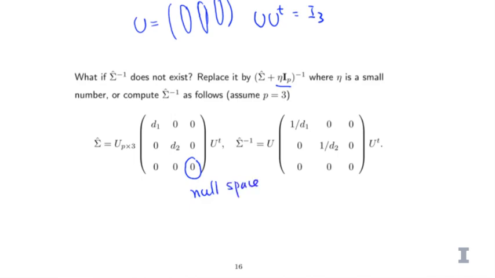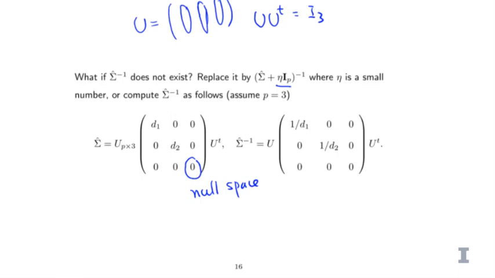It basically means that if I use my U as new coordinates, then none of the data actually sit in the third dimension, so we can just ignore it. This is why, when we take the inverse, we just ignore the third dimension and only do the inverse for the first 2 dimensions. This is called the generalized inverse.